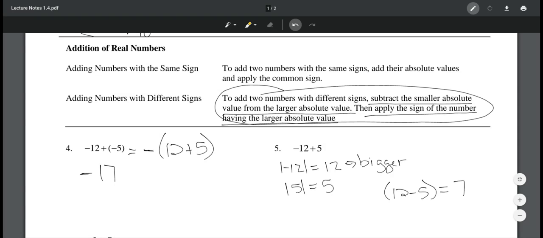But since the number with the larger absolute value, 12, was negative, our final outcome should be negative 7. You subtract those values, but you keep the sign that was attached to the original number before you took the absolute value.